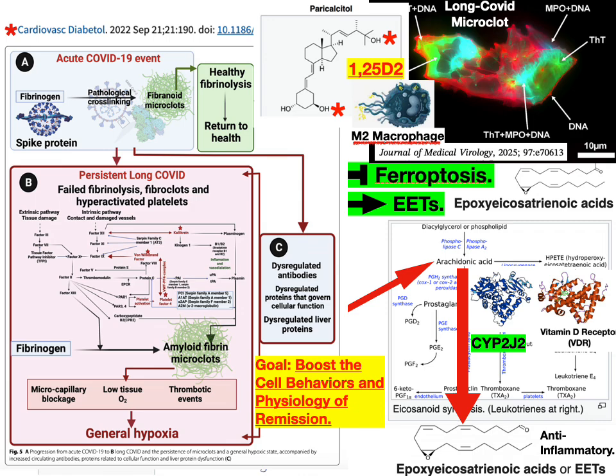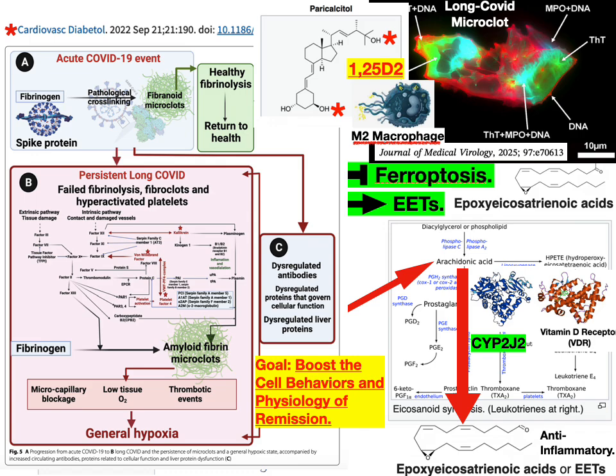How is it possible to suppress the pro-inflammatory, tissue-destructive M1 macrophage phenotypes and promote the formation of M2 macrophage phenotypes, which are anti-inflammatory and a phenotype that helps promote tissue repair? That brings us back to vitamin D receptors.